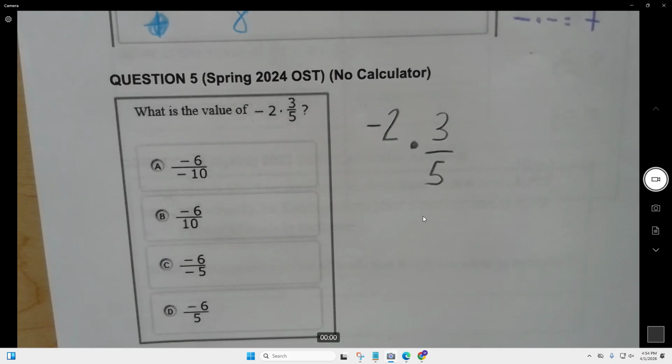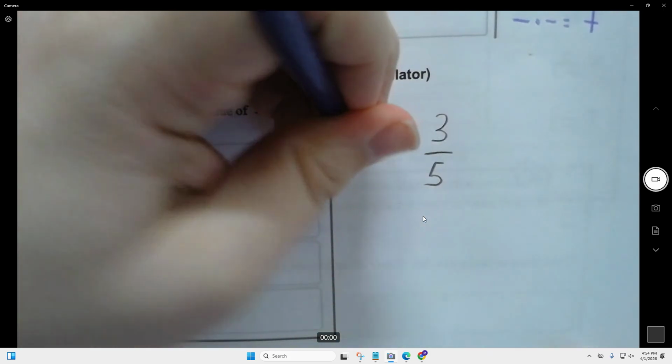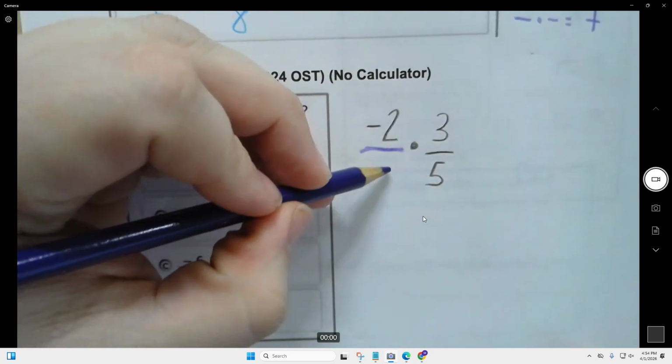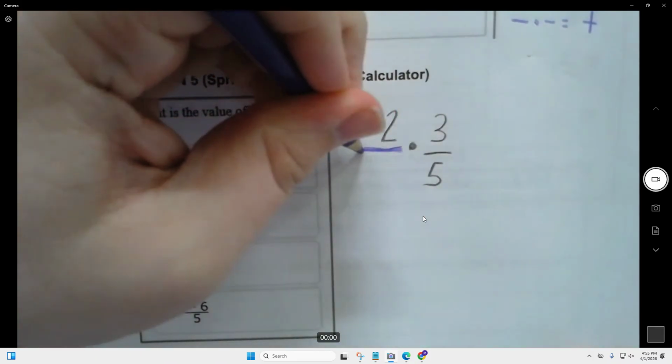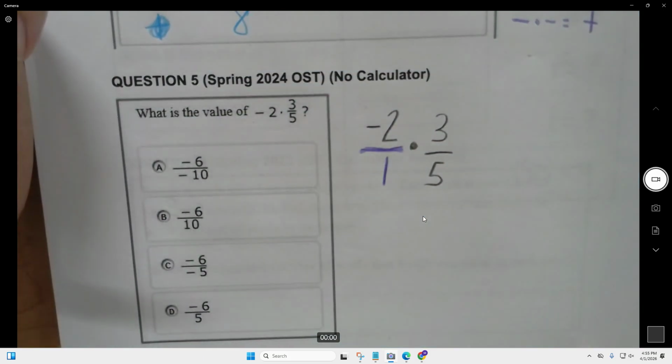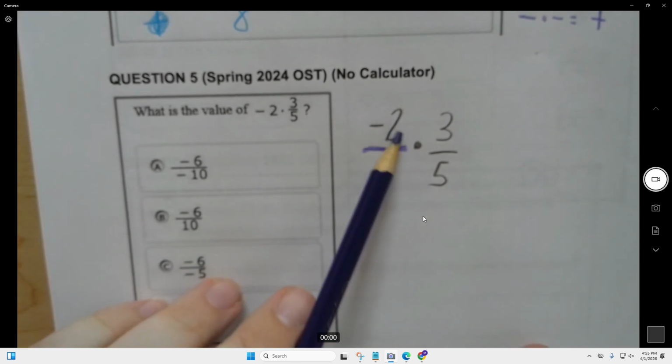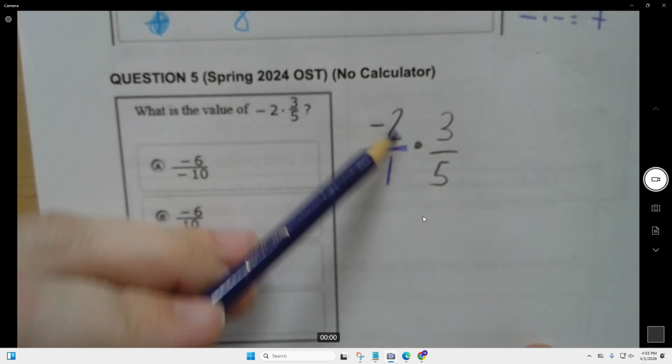All you're going to do here is, I'm sorry, you're going to take the whole number, you're going to put it over 1. Put it over 1. That indicates it's a whole number. Take the whole number, put it over 1. Now you can just multiply across like a regular fraction.